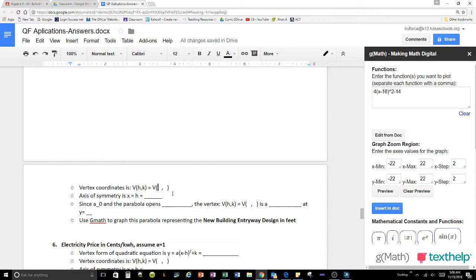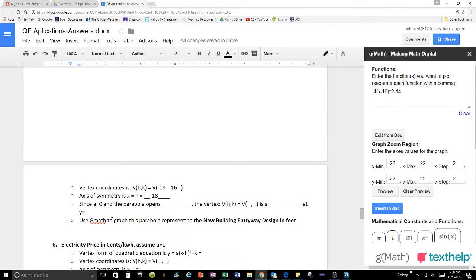Okay, the coordinates of the vertex is minus 18, 16. The axis of symmetry is at h, which is minus 18.